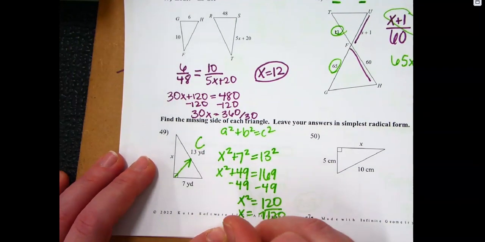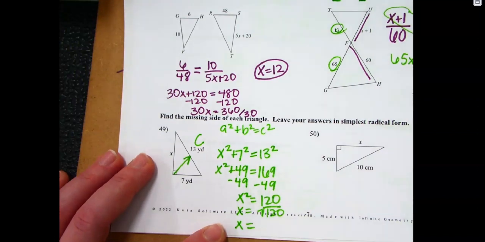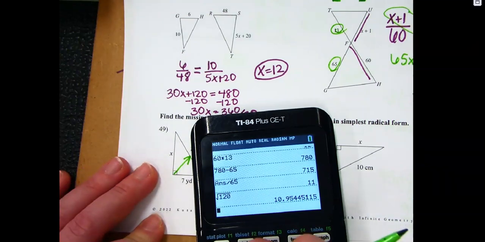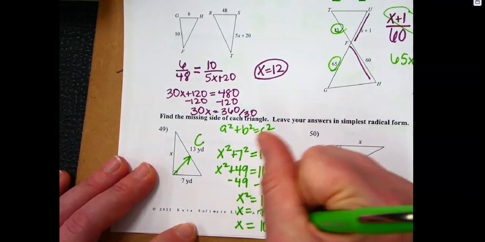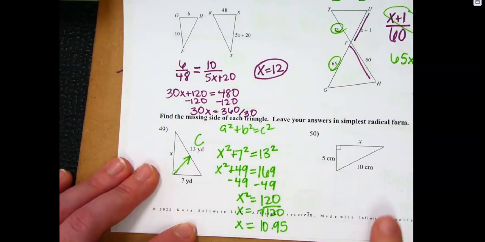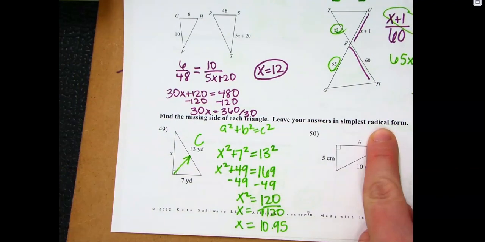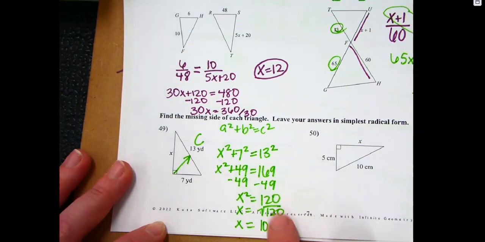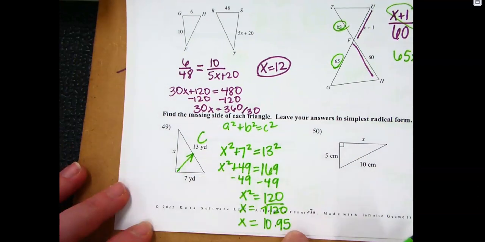And then you're going to take the square root of 120. So x is going to equal, if you put it in your calculator, it gives you that decimal of 10.954. So I'm going to leave it as 10.95. Now, if you read the directions do say to put it in the simplest radical form. But if you're not sure how to do that, you could just match your decimals.